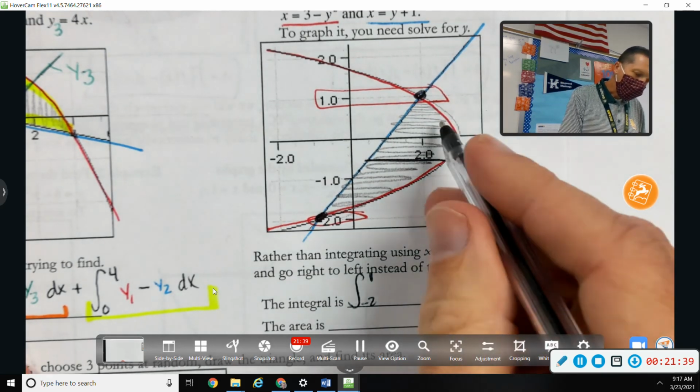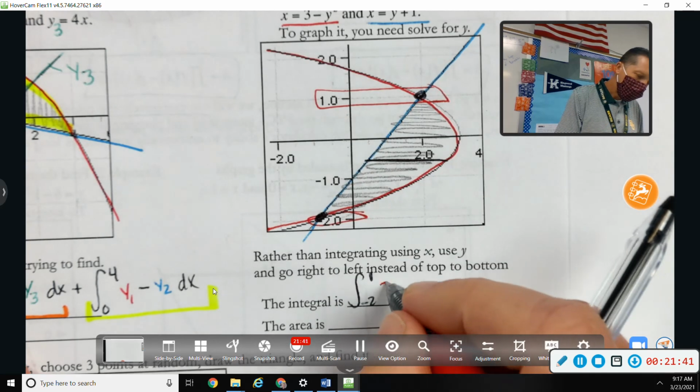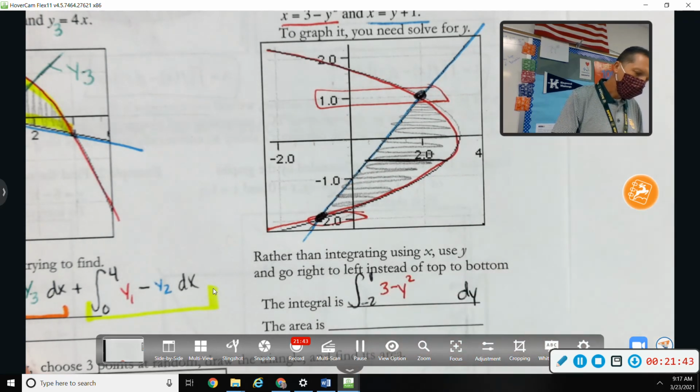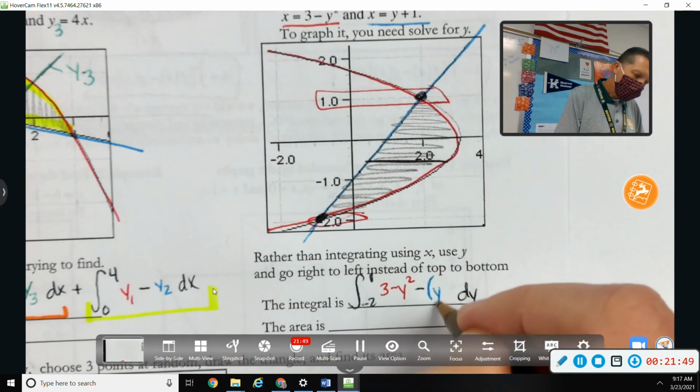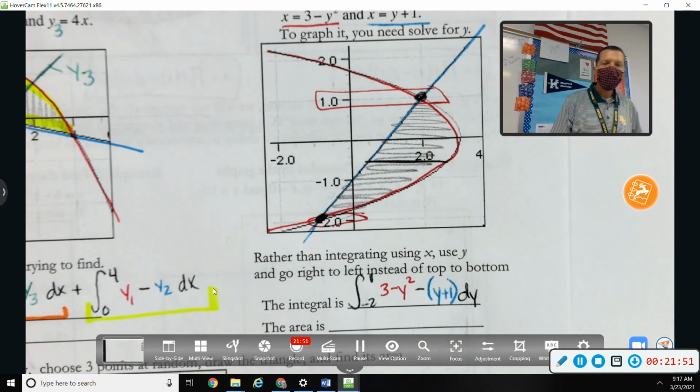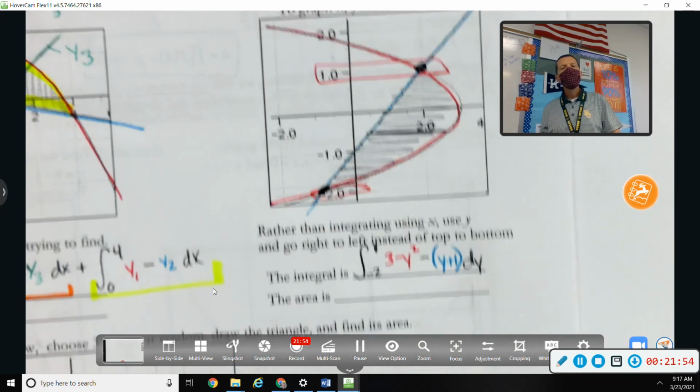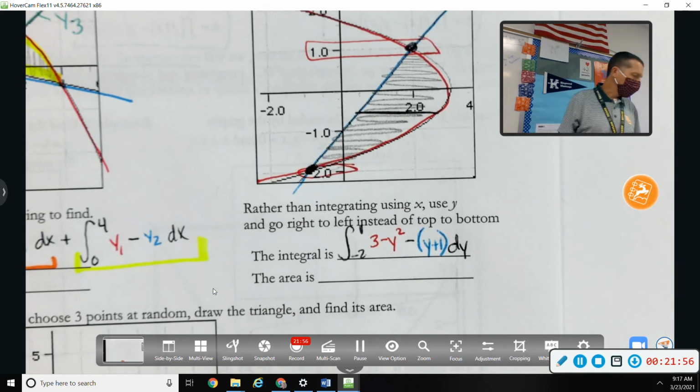So the right one is 3 minus y squared minus y plus 1. And again, we could type that in the calculator and let the calculator do the work for us.